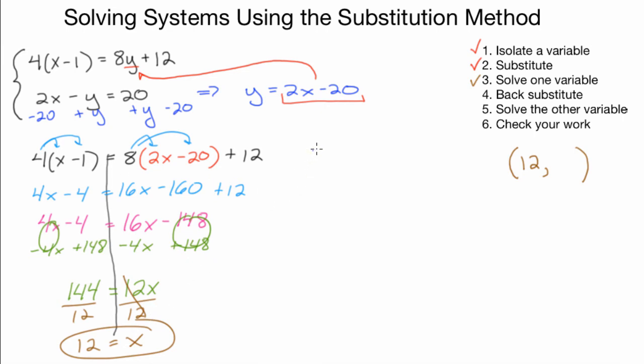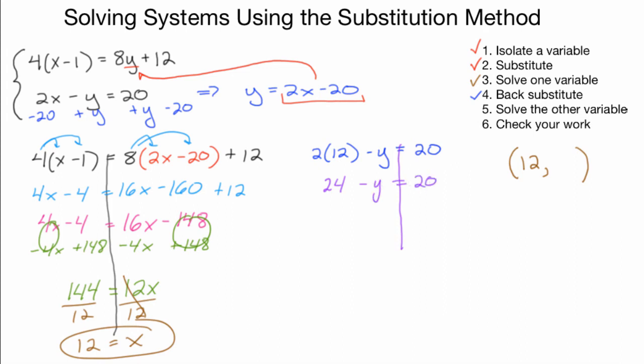So 2 times 12, because x is 12, minus whatever y is should equal 20. We just back substituted. Now let's solve for the other variable. 2 times 12 is 24, minus y equals 20.